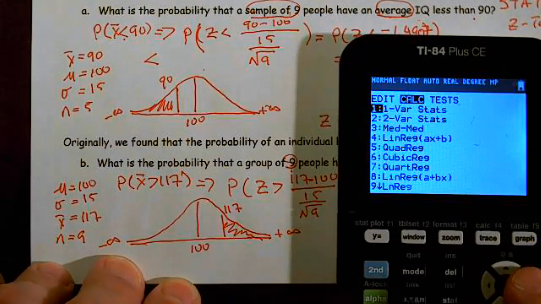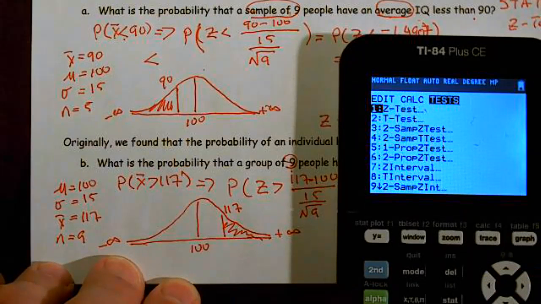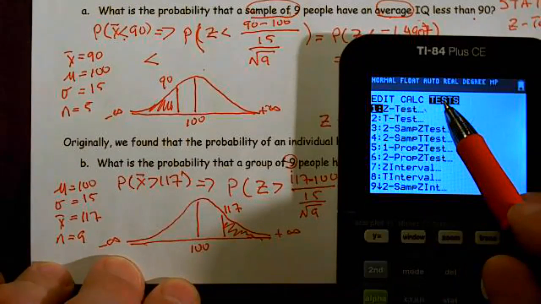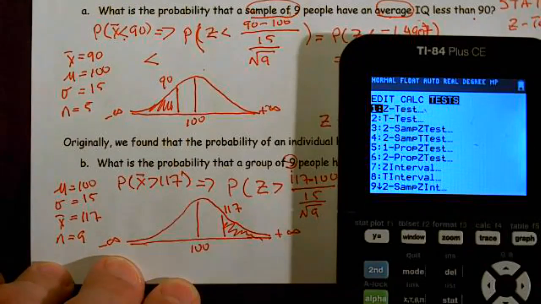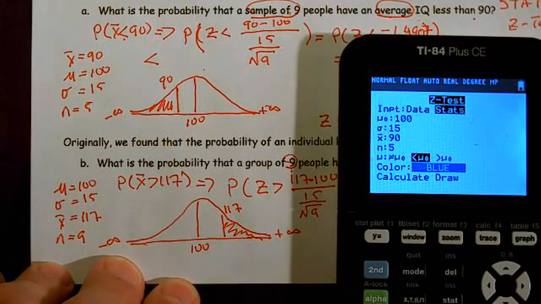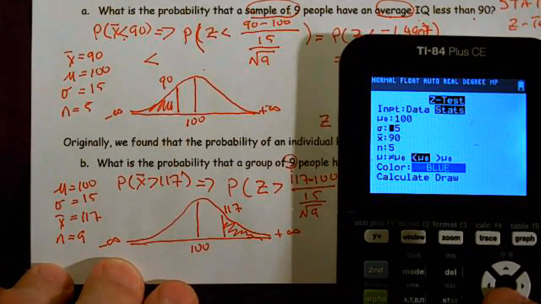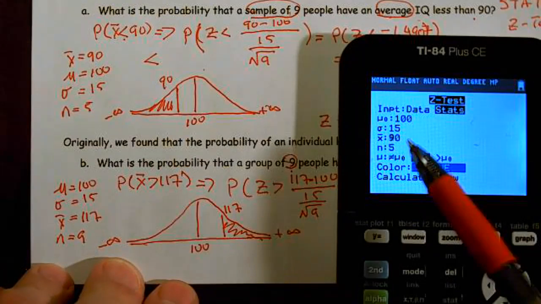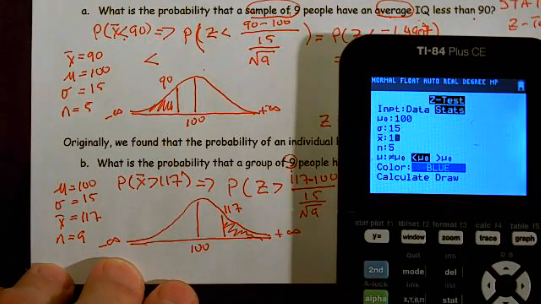So stat, test, then z-test, press enter. Stats needs to be highlighted. Our mean is 100. Our standard deviation is still 15. Our X bar in this case is 117. Our sample is size 9.